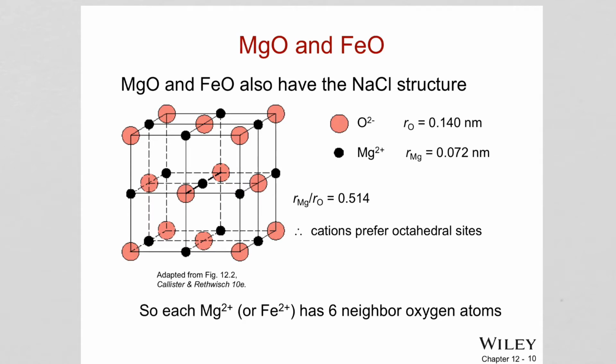Sodium oxide, magnesium oxide and iron oxide also have the sodium chloride structure. How is it? We take a look at the ionic radii and take the ratio, and then we see it fits the description of octahedrons, because it's 0.514, right?